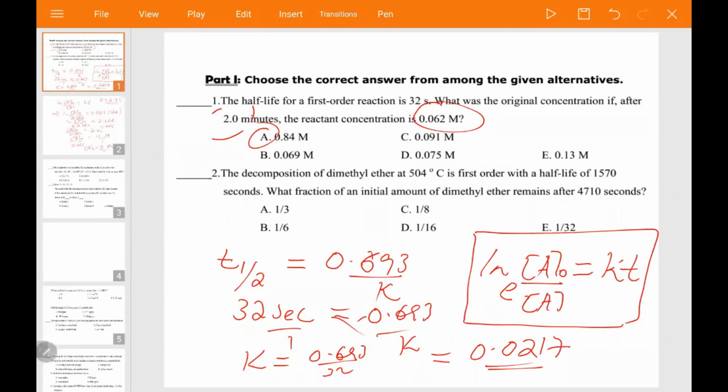Don't worry about the degrees Celsius; we don't need it, it is just to mislead, because our formula has no temperature. The half life 1570 is given, which means indirectly we have k. Don't forget this. The question is what fraction of the initial amount remains after 4710 seconds.